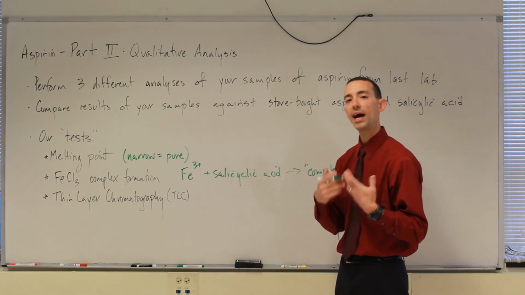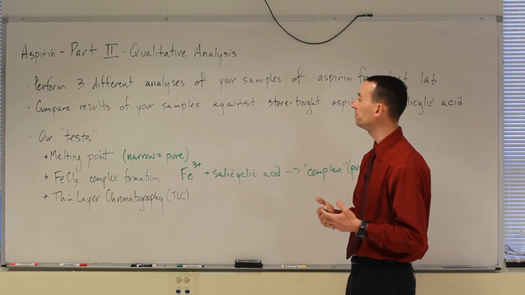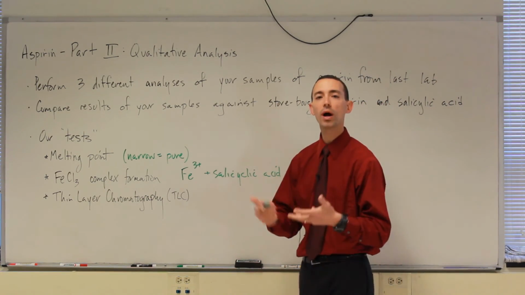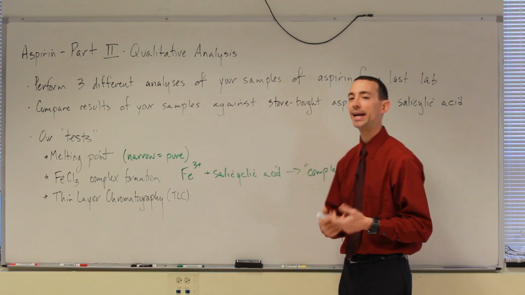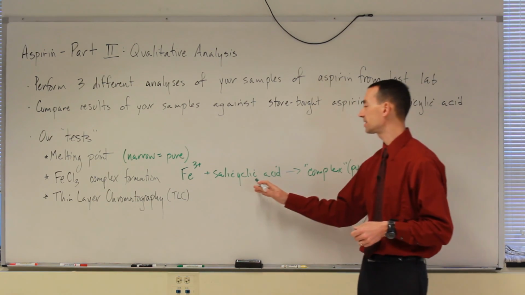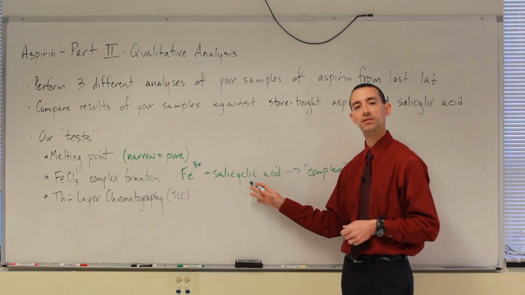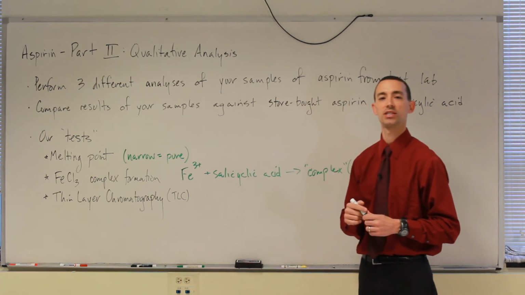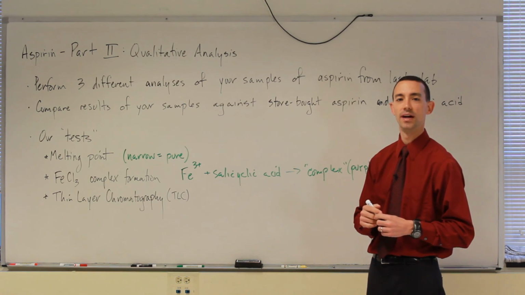So when you try your samples of aspirin, your raw and your recrystallized, if any purple color develops when you add it to the iron solution, that's an indication that salicylic acid is present, because only salicylic acid will form the complex with the iron. All right?